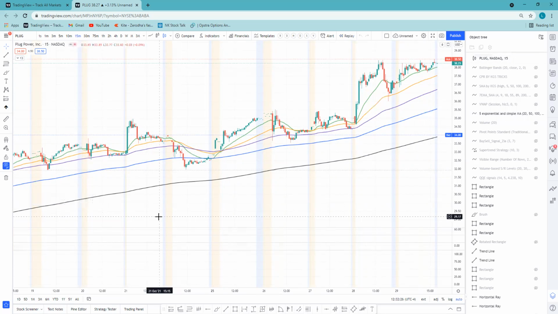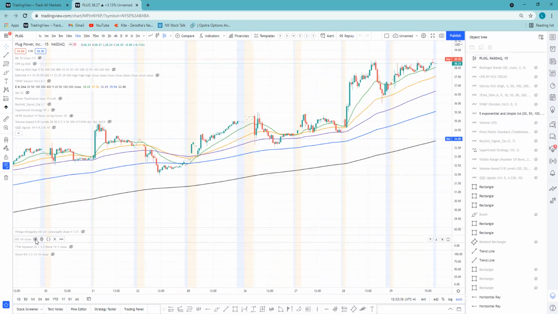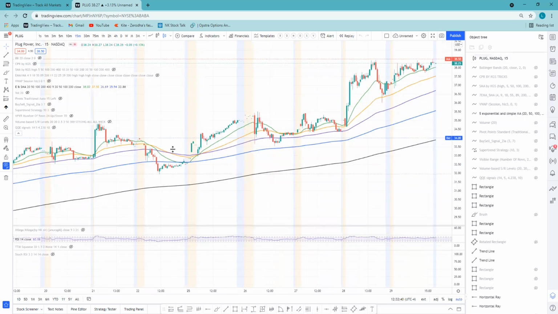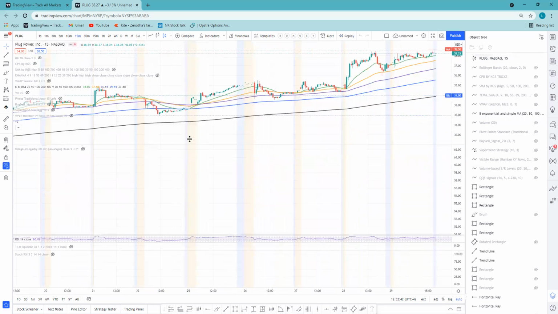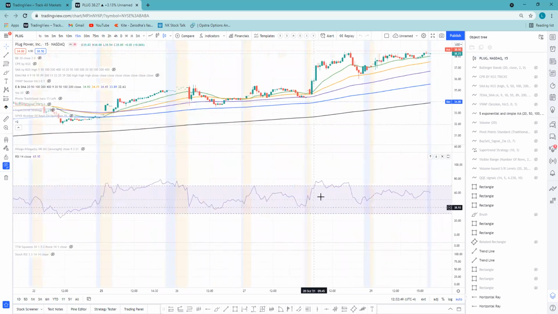There are different ways you can see whether there is confirmation. RSI can sometimes be overbought or oversold for a longer period of time. It's not that I don't use it, or that I don't know how to use it. What I'm trying to say is do not rely on these things.